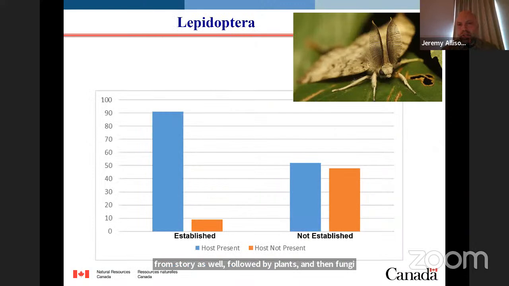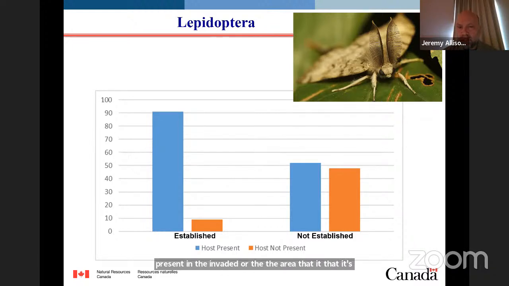So when we begin to look at a little more detail, one of the things that is often looked at to predict establishment success, because there are a lot more interception events than there are establishment events, is whether or not the host for the propagule, or in this case the insect, is present in the area that it's introduced into.